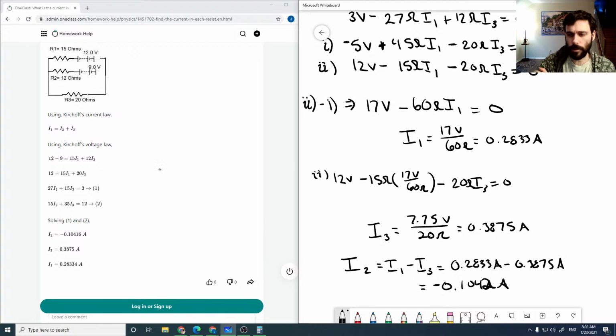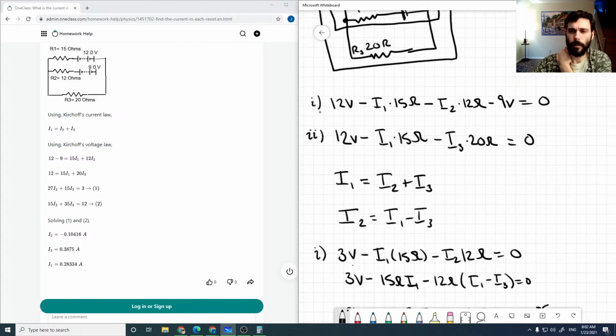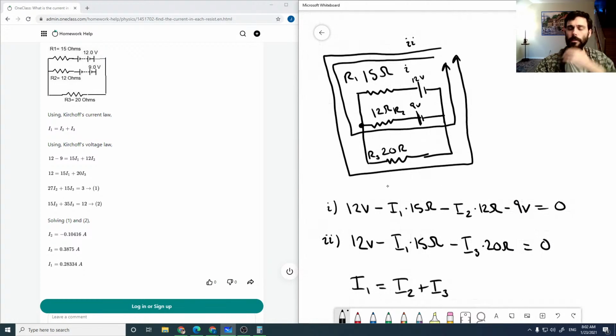Okay. So just as a note as well, I1 and I3 came out positive, meaning that the current direction I assumed in my Kirchhoff loop was correct, whereas I2 comes out negative, meaning that the current I assumed was the wrong direction, so the current actually travels this way in this line.